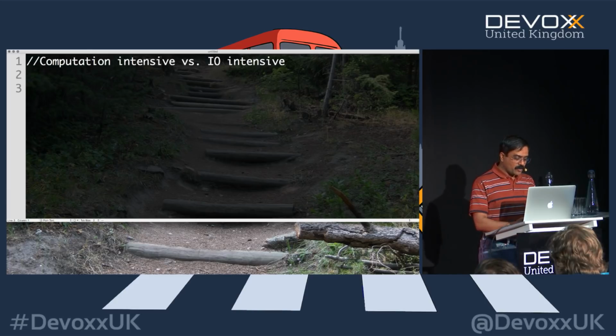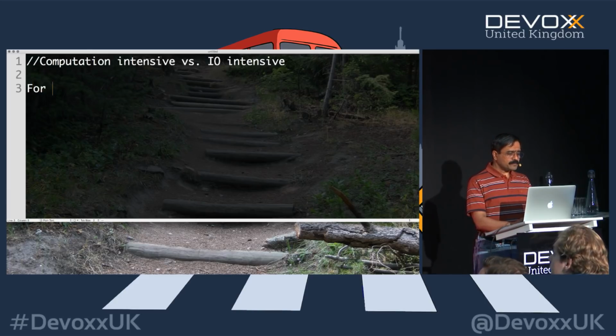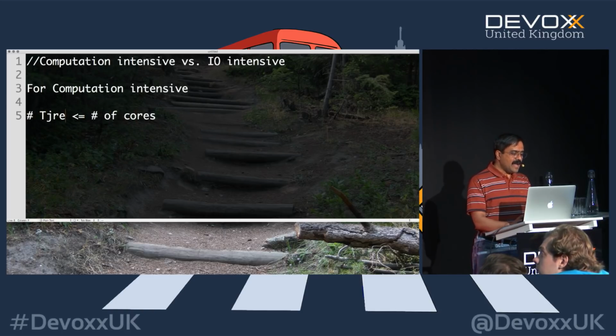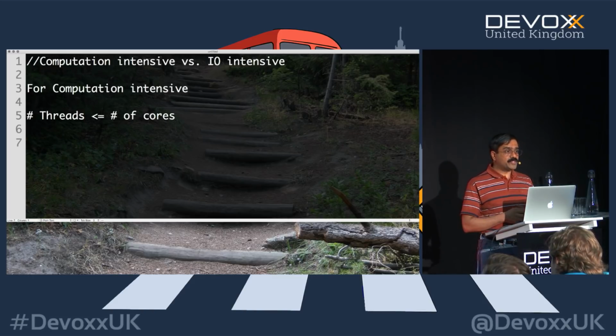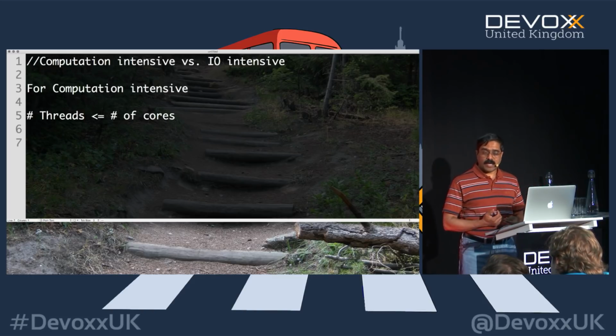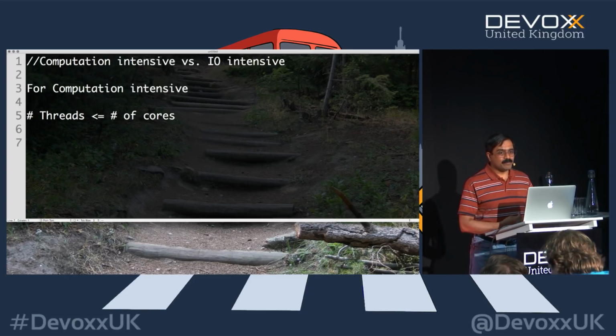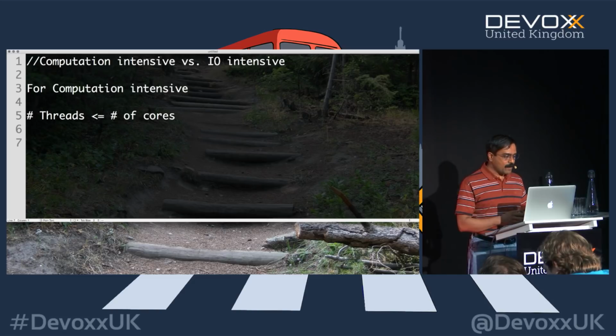So the moral of the story is, for computation intensive, number of threads should be less than or equal to number of cores. You should never, ever, ever give more threads than the number of cores. If you give more threads than number of cores, you will actually get poorer performance in your application.